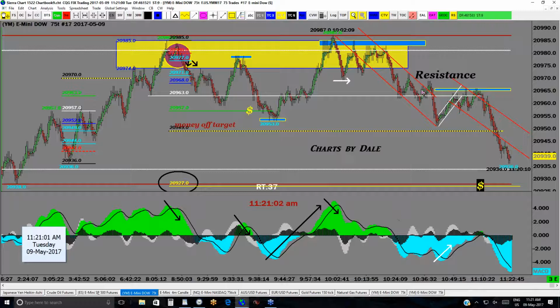So we caution the folks that went long off of the temporary support area here, just below the 953 or thereabouts, because it did not hold. It was a great little rally there. I want to go back to gold.